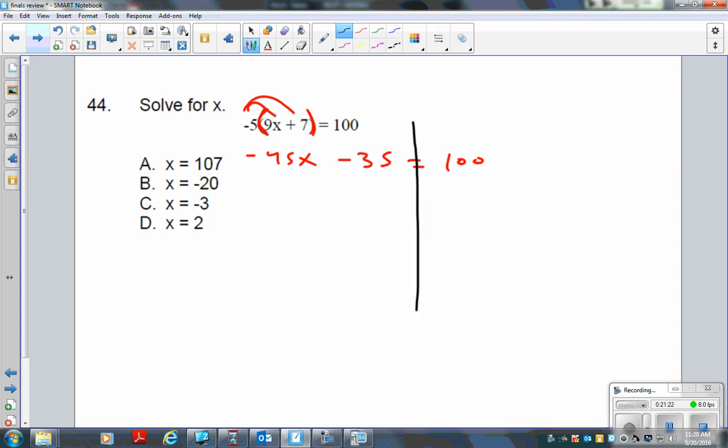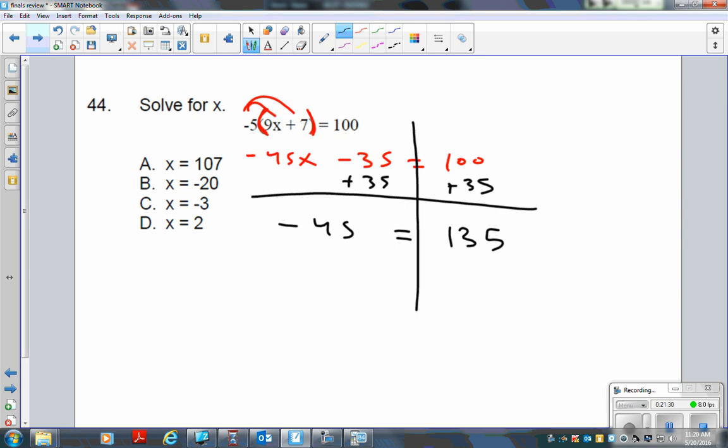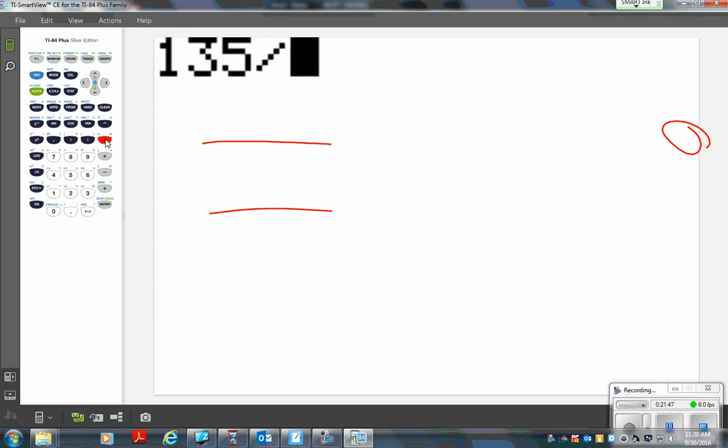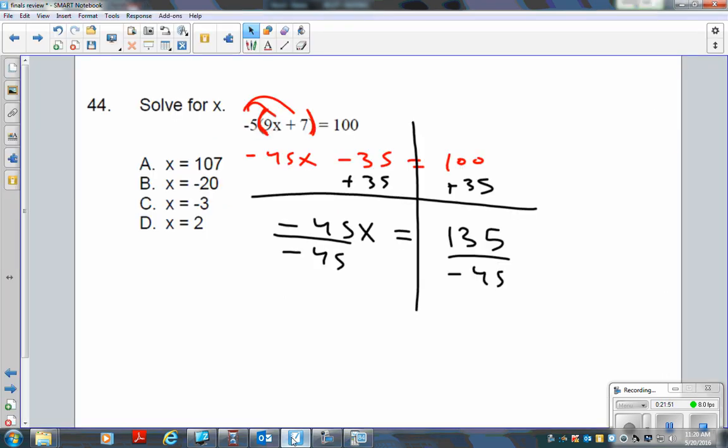So the opposite of minus 35 is just plus 35. And now you divide both sides by negative 45. The answer is negative 3.